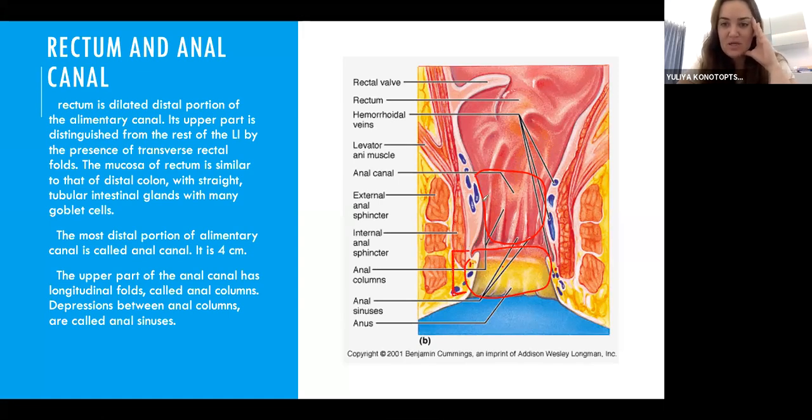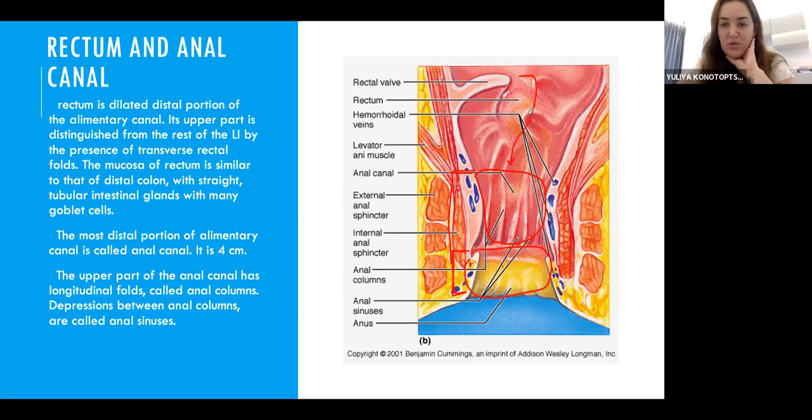But in anatomy, this entire area would be considered anal canal, including the mucosa, right? So this area right here has the non-keratinized epithelium. Rectum is the part which is going to be opening into the anal canal.